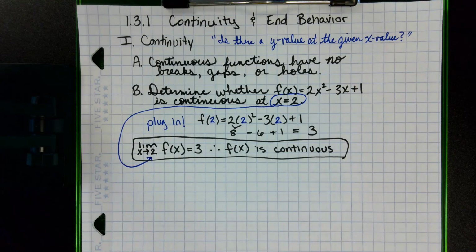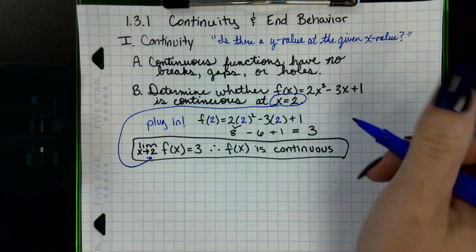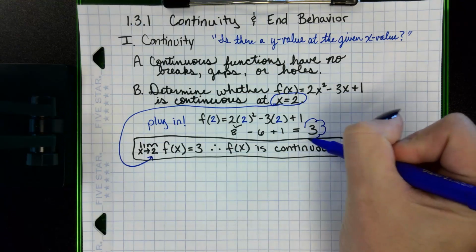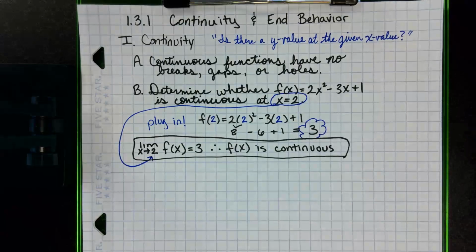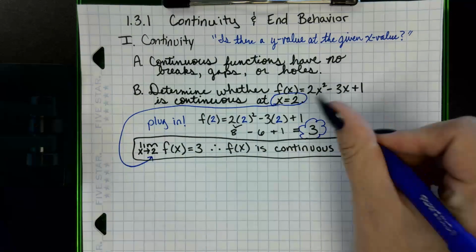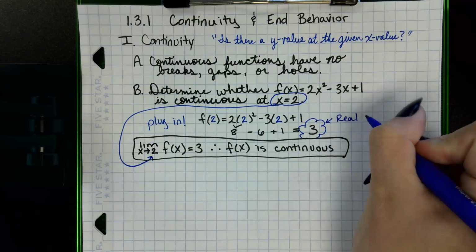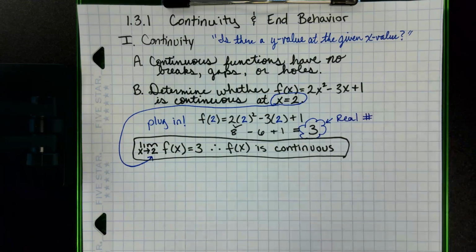And I know that it's continuous because I'm looking also at the value that I got when I evaluated at 2. The number 3, that's a real number. Since it's a real number, I can graph it. It exists in the domain of real numbers.